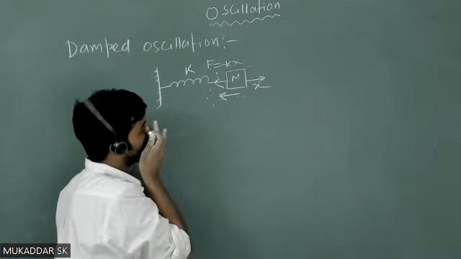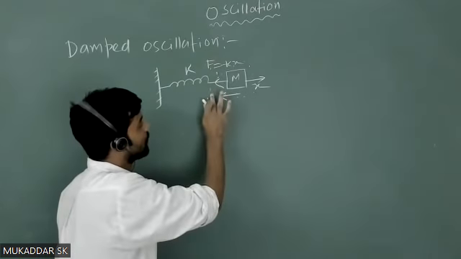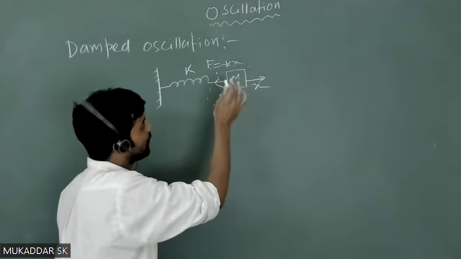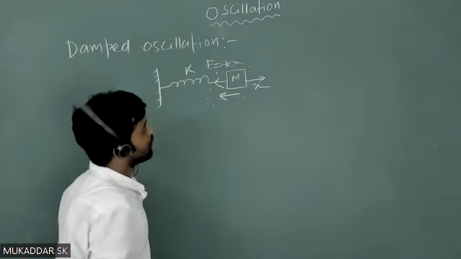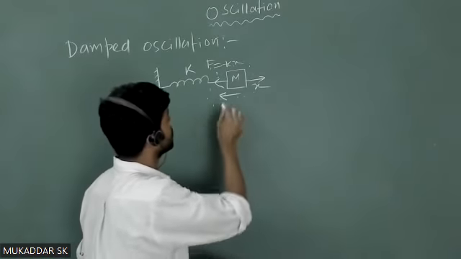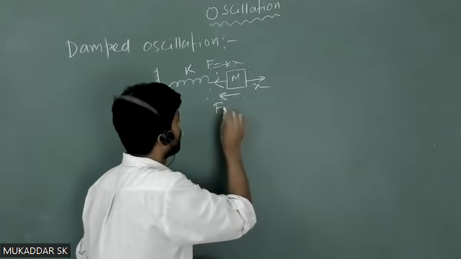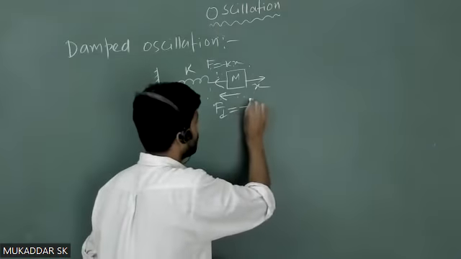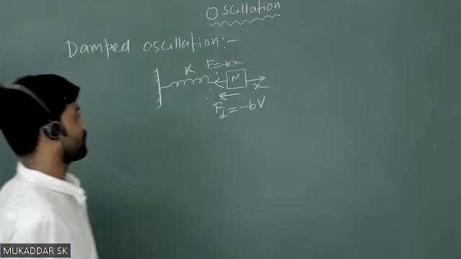That resistance force, the drag force F_D, is known as the damping force. It will be proportional to v, where v is the instantaneous velocity.